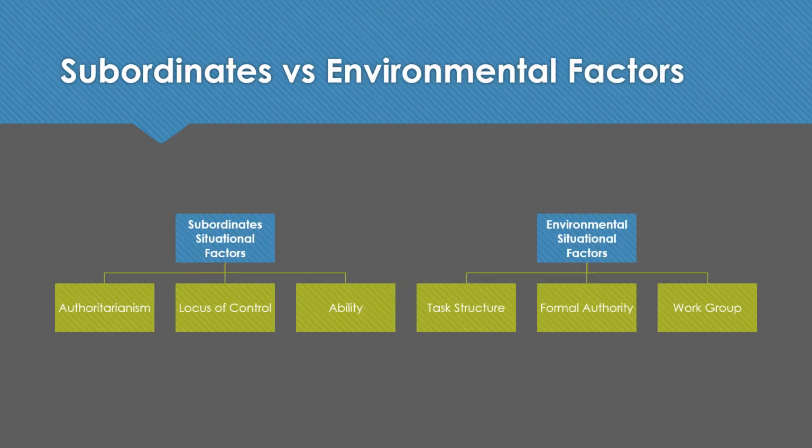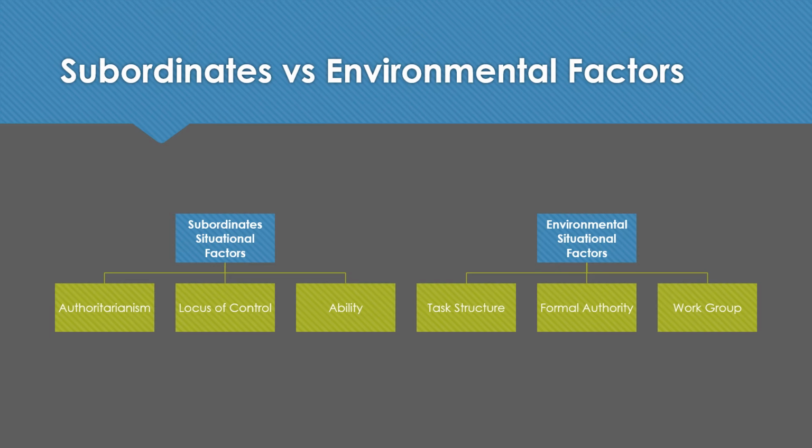Now let's take a closer look at the subordinates and environmental factors. Subordinate situational factors consist of authoritarianism, a degree to which employees defer to others. Locus of control is the extent to which employees believe they can control goal achievement. And lastly, the ability level is how well an employee can perform.